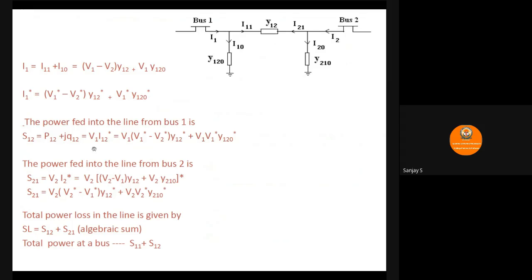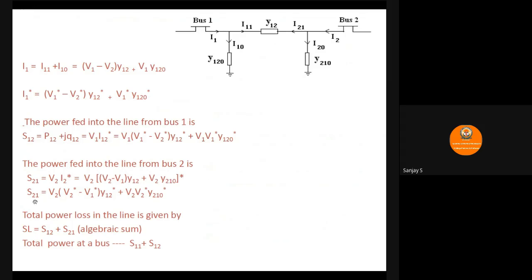Then similarly we write down the expression for power fed from bus 2 into the line, that will be denoted by S21, which is equal to V2 into I2 conjugate. So V2 multiplied by (V2 minus V1) Y12 plus V2 Y210, conjugated, similar to what we have done in the previous case.